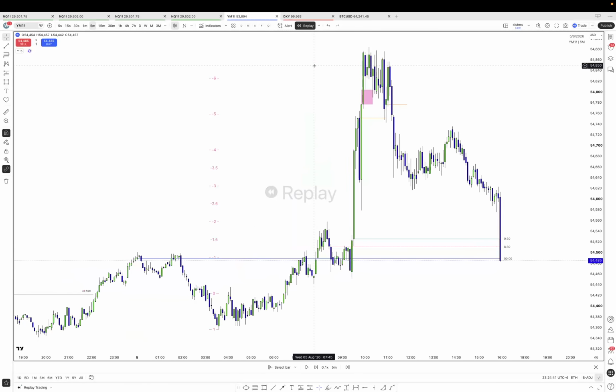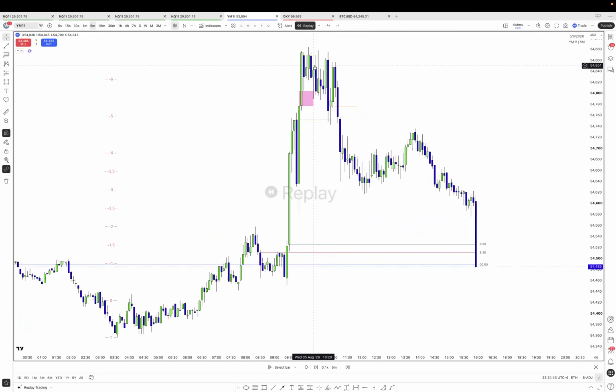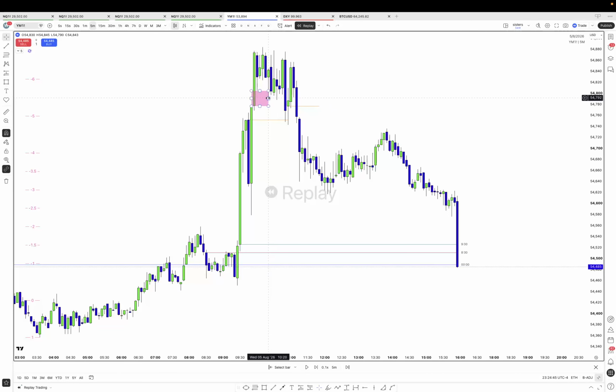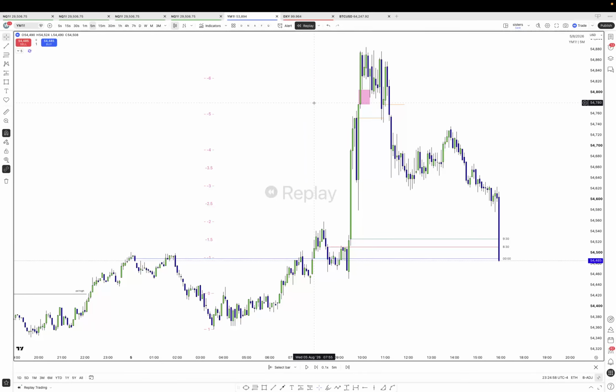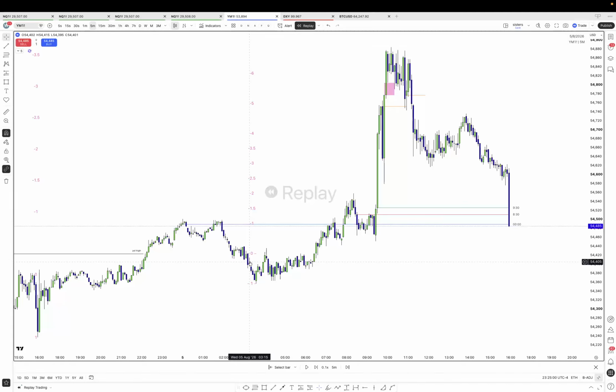What's the confirmation? We have 5-minute fair value gap fail. We have 5-minute OB fail. We have 5-minute CSD here. All of this happening after we have this fib reaching maximum extension.